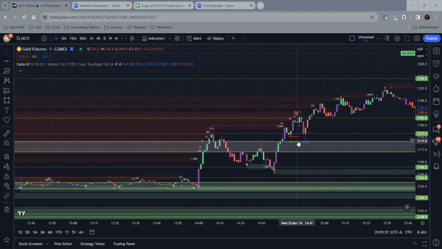How many ticks is that? Entry at 2176, true stop loss is 2174.8. It's 12 ticks. It's 1.2 points, which equals 12 ticks.